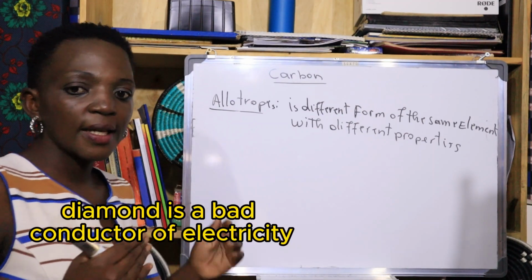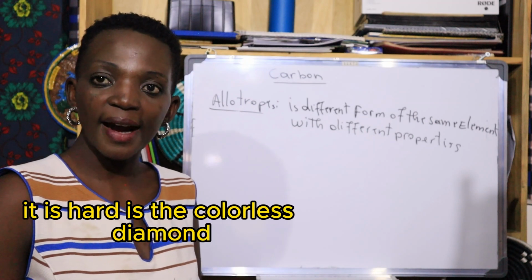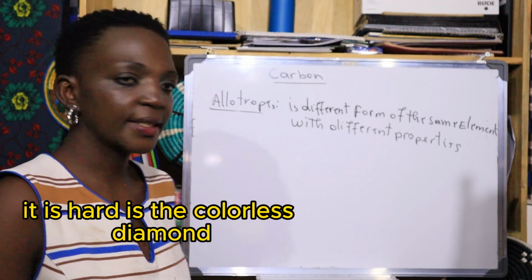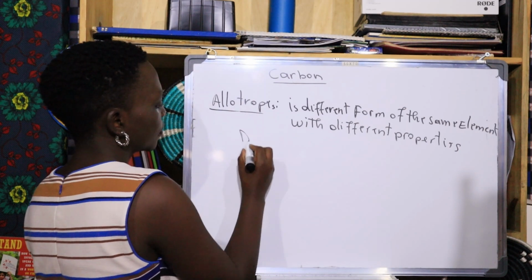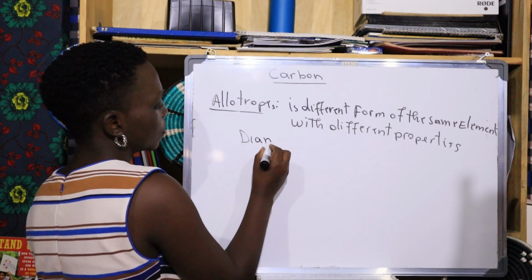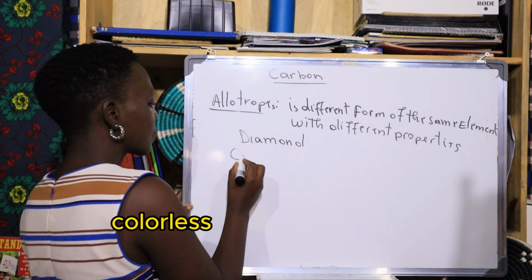Diamond is a bad conductor of electricity. It is hard, and it is colorless.